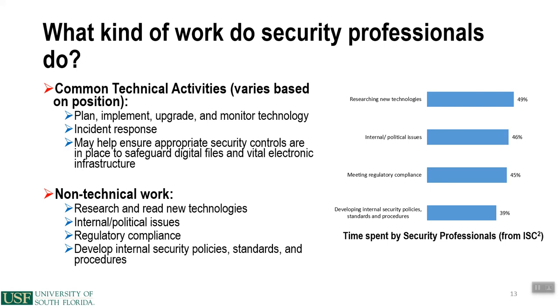I do a lot of reading and I do a lot of writing, and that helps me in terms of identifying exactly which technologies I need to be working on. They also do things like incident response, which we'll get into, and they may ensure that appropriate security controls are in place to safeguard digital files and also vital critical electronic infrastructure, aka the assets that an organization may have.